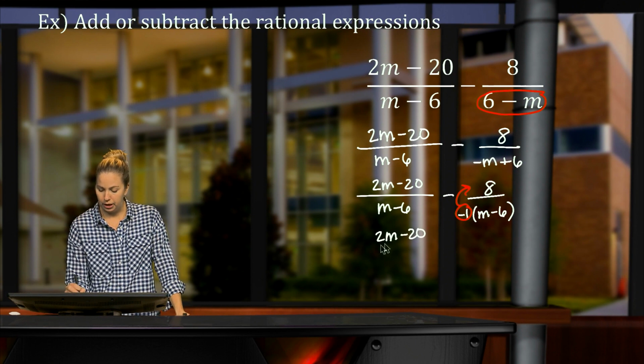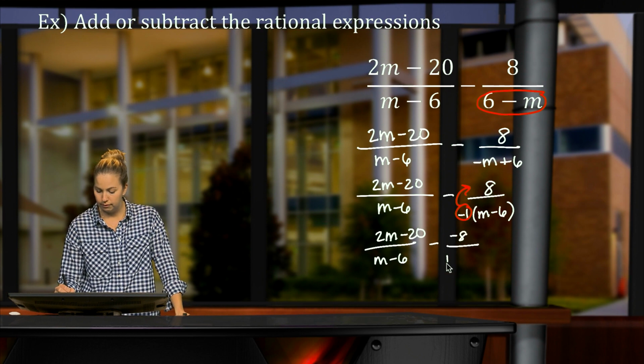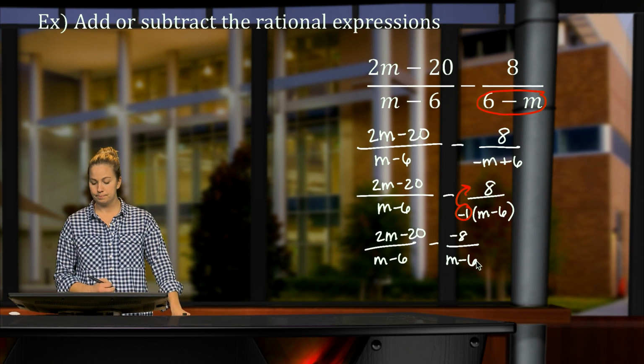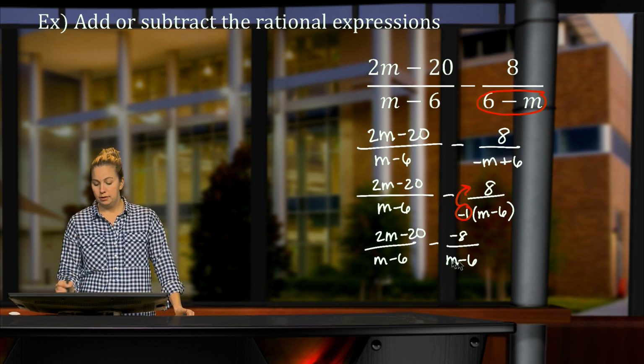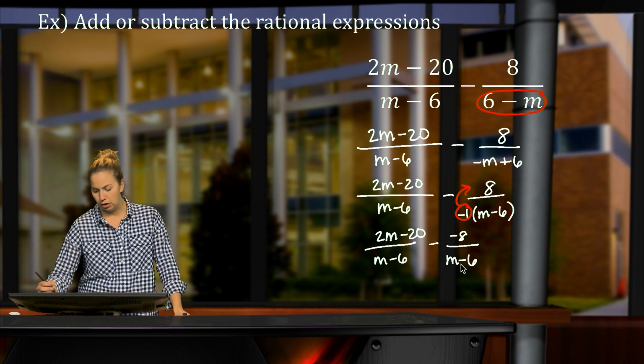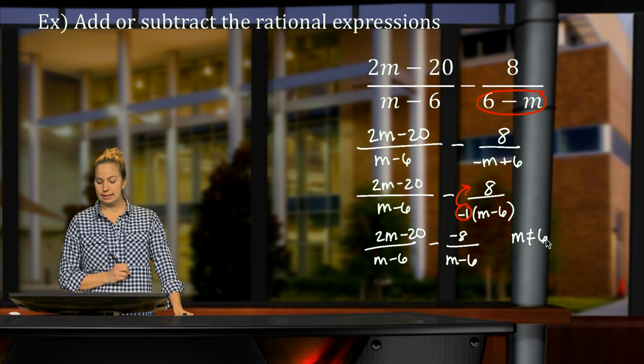2m minus 20 over m minus 6 minus negative 8 over m minus 6. Everything has been factored. Let's state restrictions. Since our denominators are the same, our restriction is the same for both. M cannot equal 6.